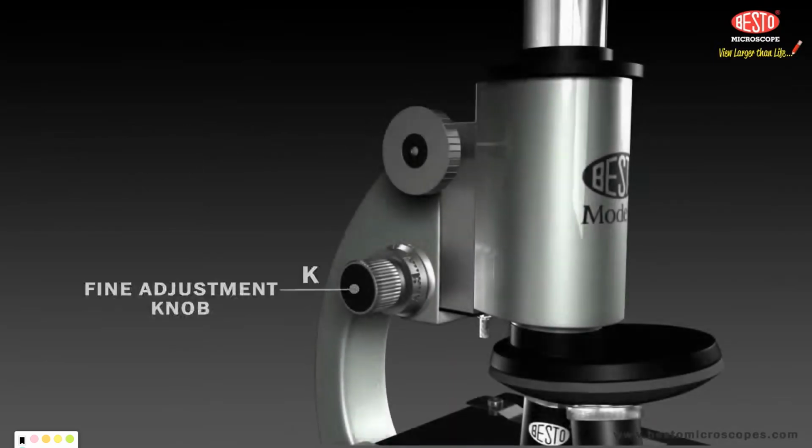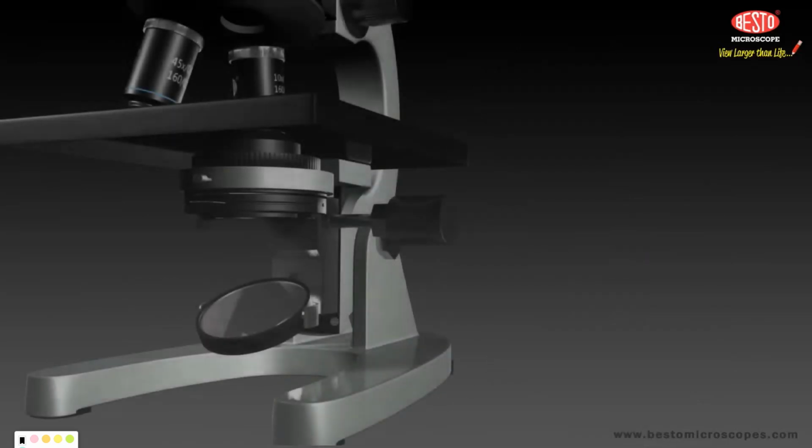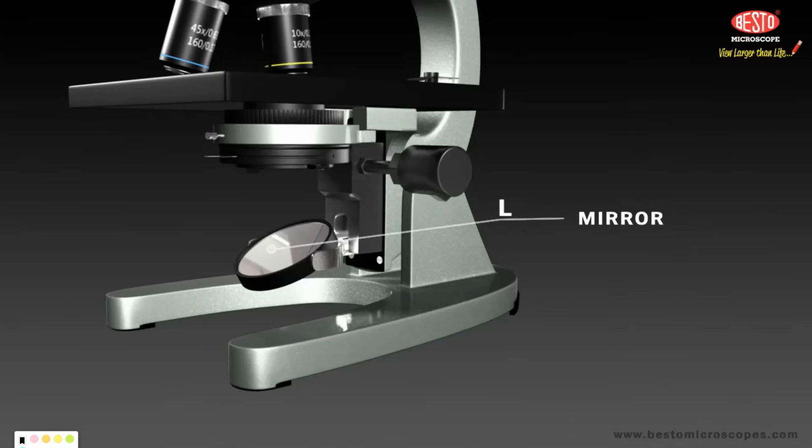K. The fine adjustment knob is the small knob used to change the position of the body tube by making small adjustments to the focus of your sample. Almost all of our Besto microscopes have both coarse and fine adjustment knobs, but some have only one knob. L. The mirror, located beneath the stage diaphragm, increases the amount of light shining through your sample or slide.